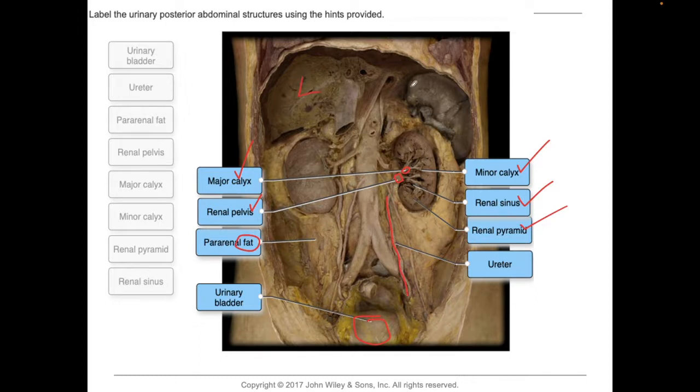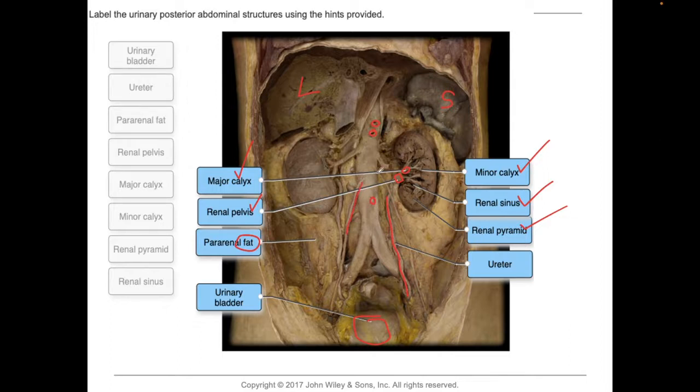Here's the liver. Here's a spleen. Here's the celiac trunk. Here's the superior mesenteric, inferior mesenteric.